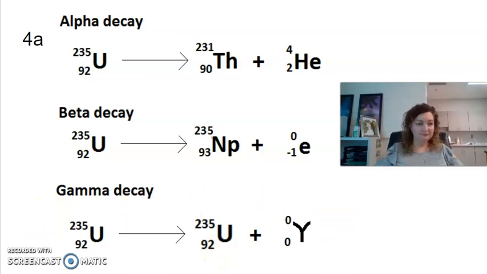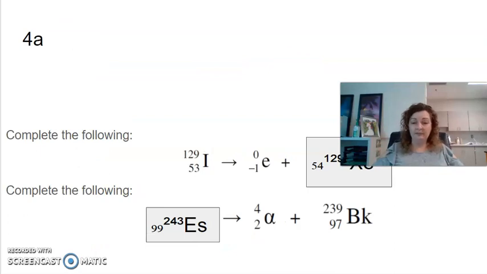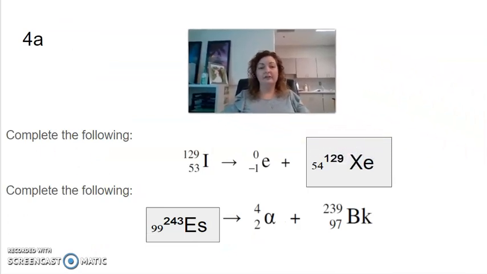All right. If we are looking at our next thing, it says complete the following. And it just wants you to finish decaying it, right? So here we have iodine and we are beta decaying it. So just do the math. So 129 minus 129 equals 0, right? 53 minus 54 is going to give you a -1, or we can just say it in reverse, you guys.